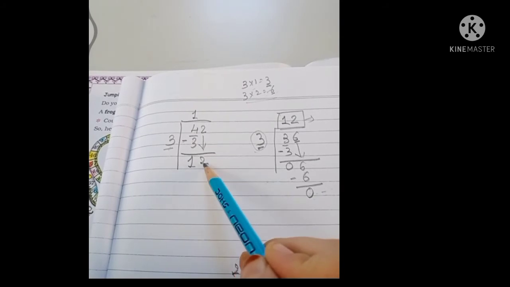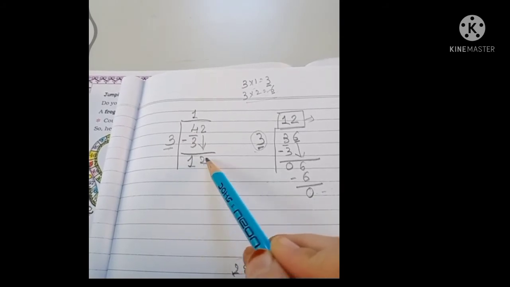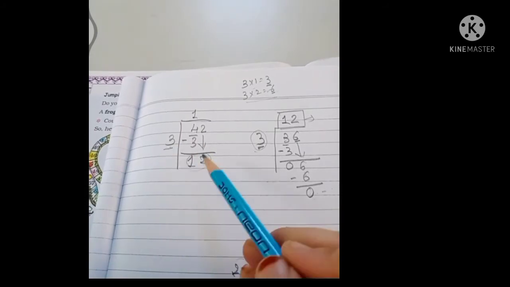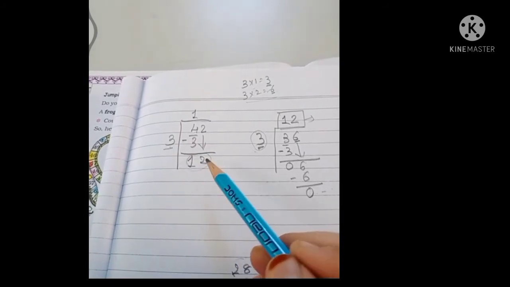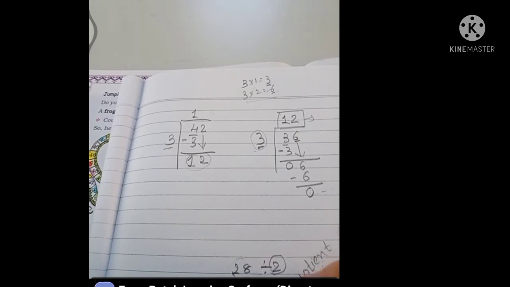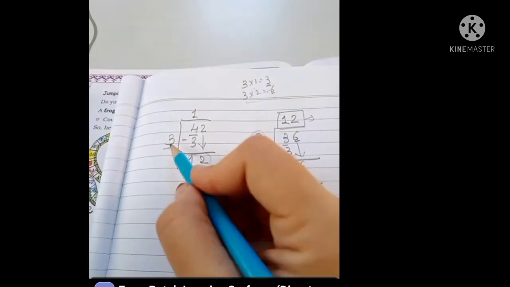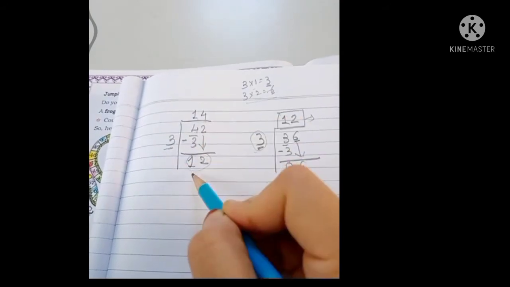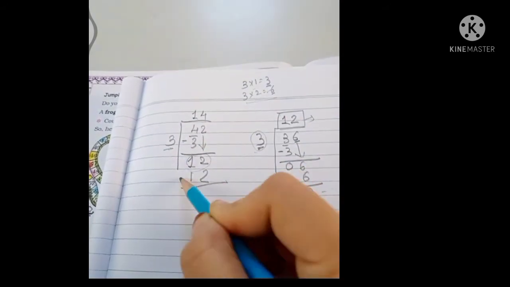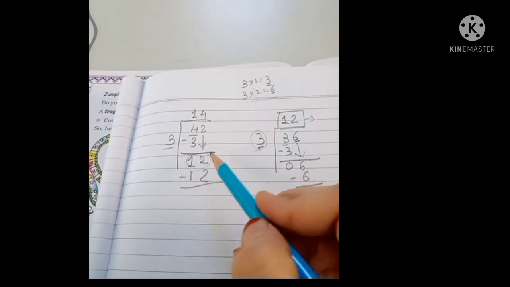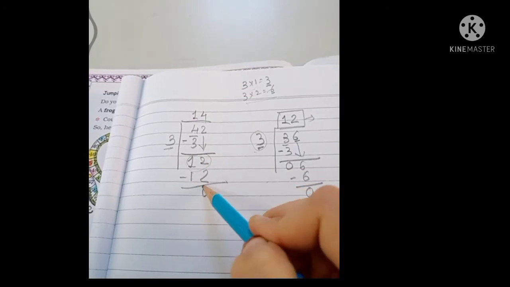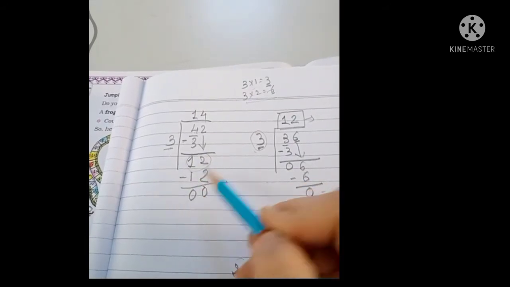Now this 1 also you have to add, means this number becomes 12. Now you have to speak table of 3 till you are getting 12. So 3 ones are 3, 3 twos are 6, 3 threes are 9 and 3 fours are 12. So 3 fours are 12. So you have to do the subtraction. So 2 minus 2, 0 and 1 minus 1, 0.